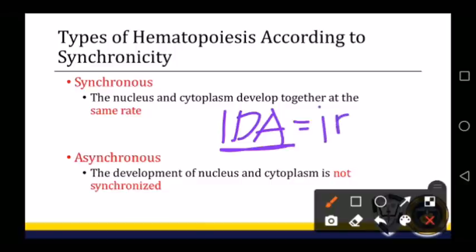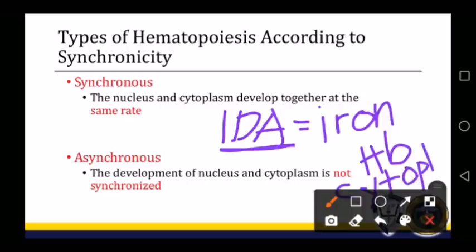And iron is an important component of hemoglobin, and hemoglobin is an important component of the cytoplasm. So if iron is low, hemoglobin is low, therefore the cytoplasm has difficulty maturing. Thus, in IDA, the cytoplasmic maturation of RBCs is delayed.